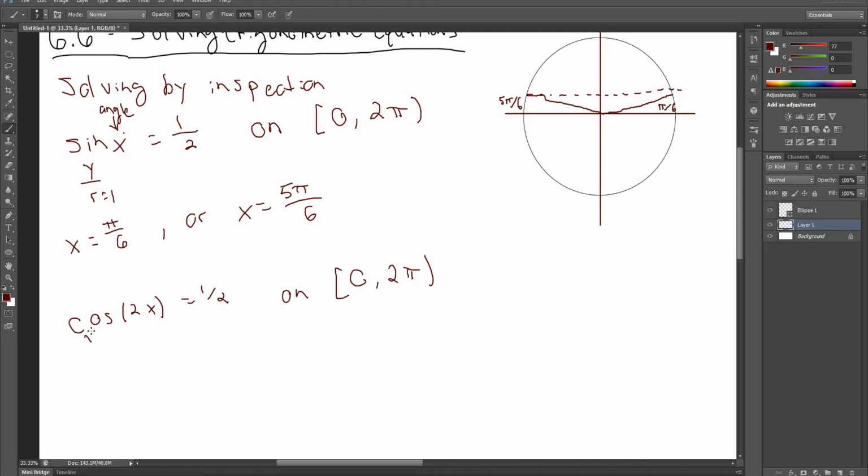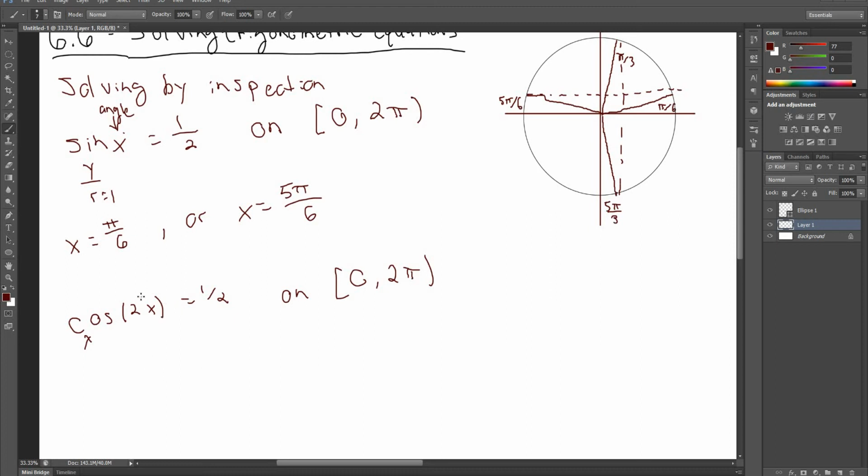In this case, cosine is my x coordinate, so when x is equal to a half. This happens at pi over 3. And remember, x is positive in quadrants 1 and 4. So we want to do symmetry of the x-axis to get the other answer as 5 pi over 3.